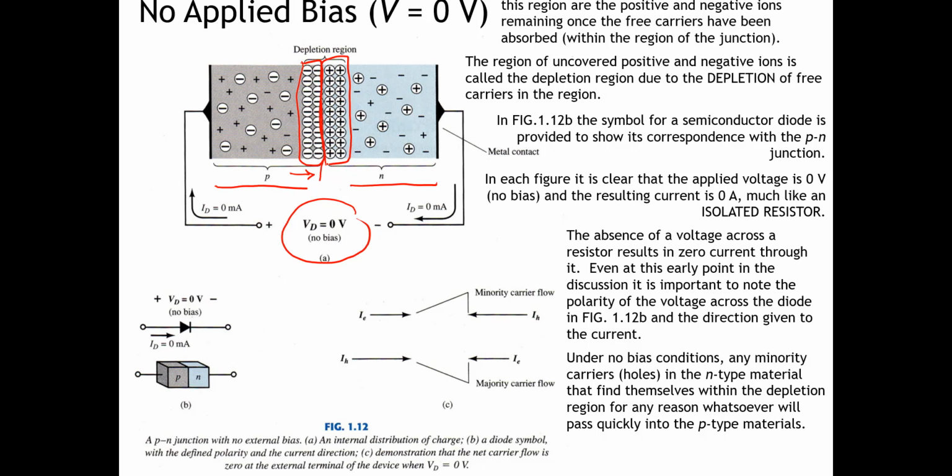So if there is a depletion region, the majority carrier electron in N-type cannot flow to the P-type, and the hole cannot flow to the N-type. So it's like an isolated resistor, if we don't apply any voltage between the P-type and N-type semiconductor.